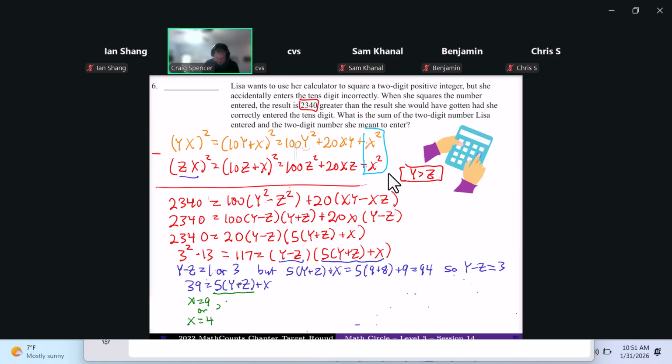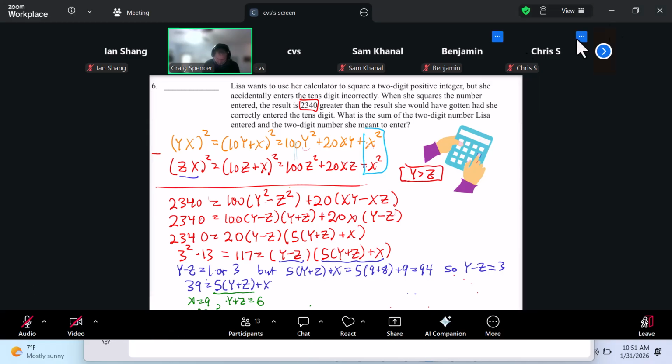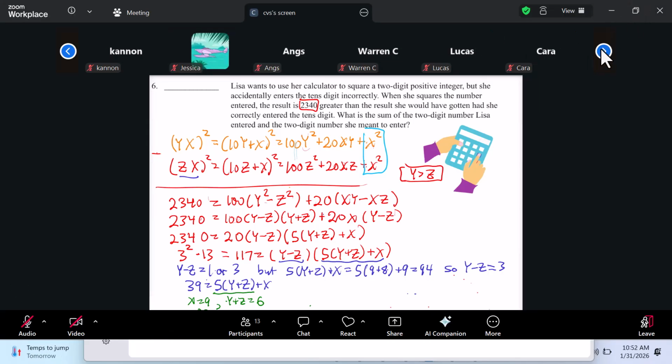If x is equal to 9, you can figure out what y plus z needs to be. That would say y plus z is equal to 6. If x is equal to 4, then 5 times y plus z needs to be equal to 35, so y plus z needs to be equal to 7. So one of these two cases is going to happen.